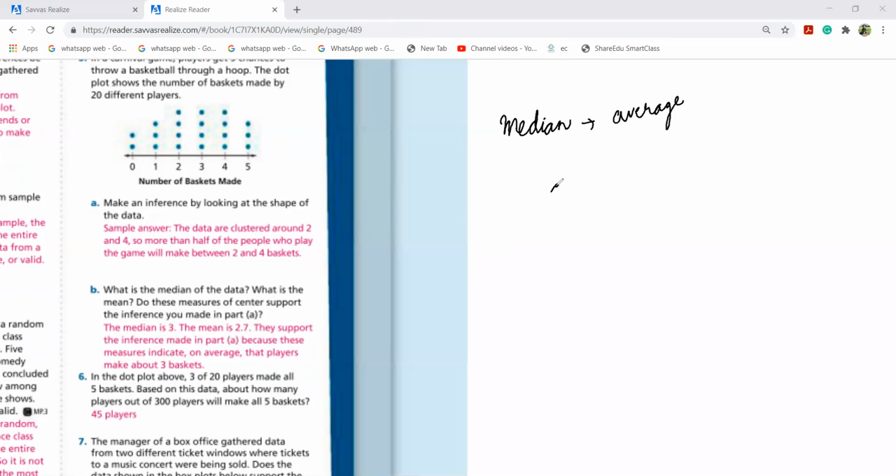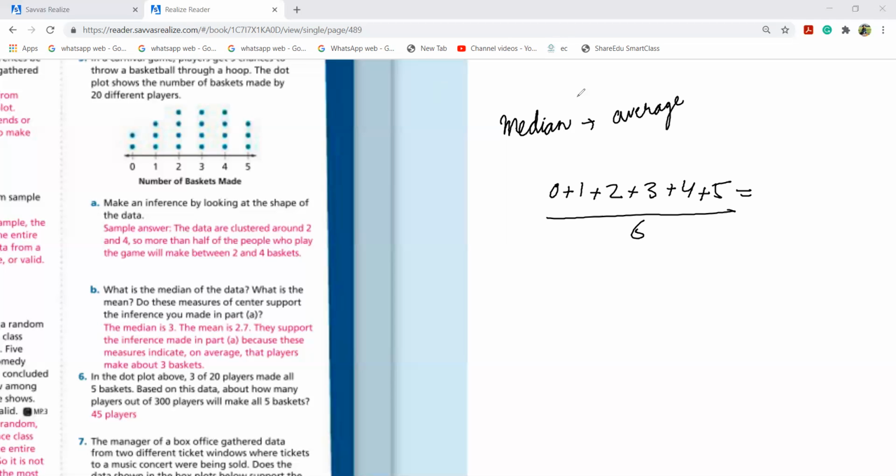Now, if I add 0 plus 1 plus 2 plus 3 plus 4 plus 5 over 6, do this and tell me, girls. Use the calculator now and tell me. I'm not going to solve this. Miss, I add them. 14.